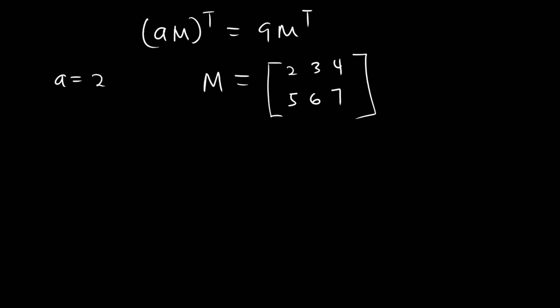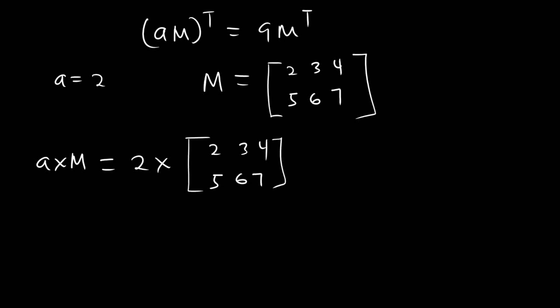So A by M will be equal to 2 times the matrix M. So that will be 2, 3, 4, 5, 6, and then 7. When I do this, I'm going to multiply the scalar by each of the entries.